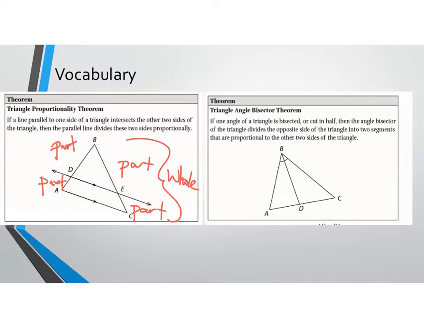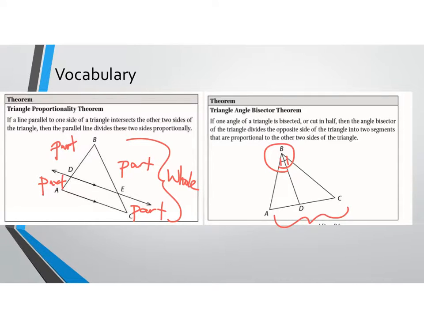The second one is the triangle angle bisector theorem, which basically says you take any angle and bisect it. That means you cut it in half with congruent angles. Then that angle bisector also splits the opposite side into two segments that are proportional to the sides closest to them.